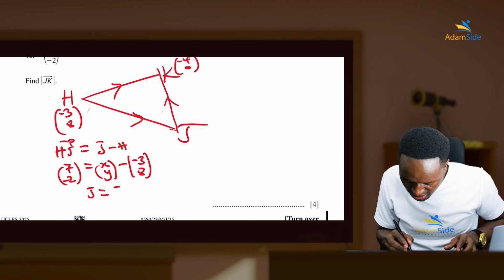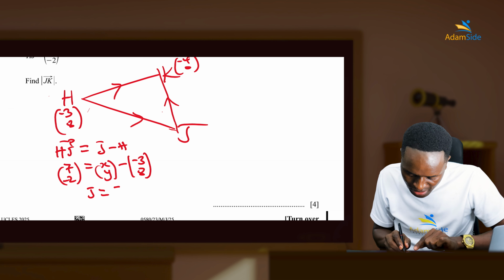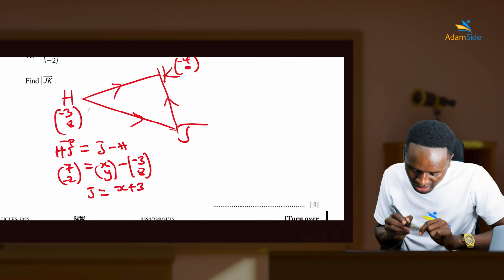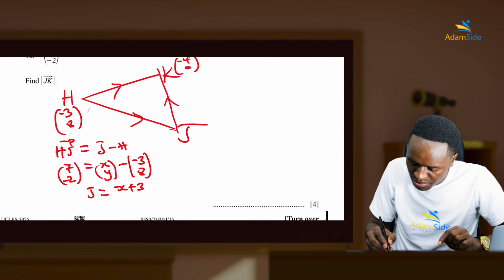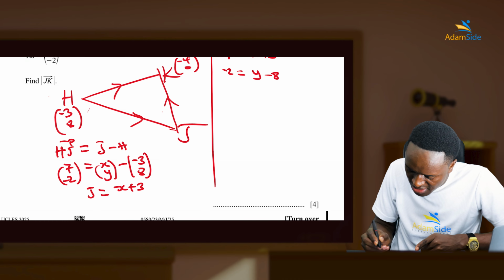Remember, it will be x plus 3, which will be equal to 7. Remember, x with x and y with y. So 7 is equal to x plus 3, and -2 is equal to y minus 8.